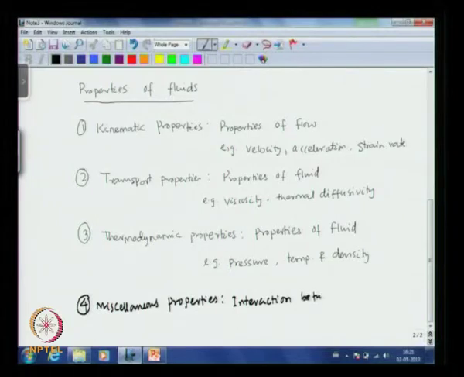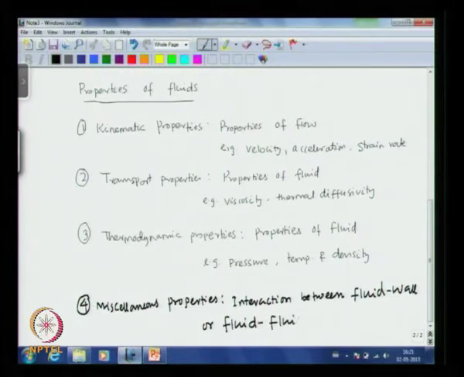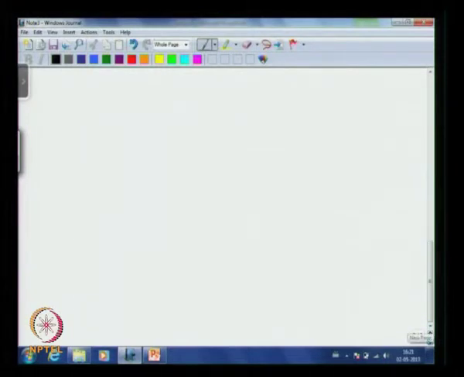The examples of miscellaneous properties are surface tension and vapor pressure.